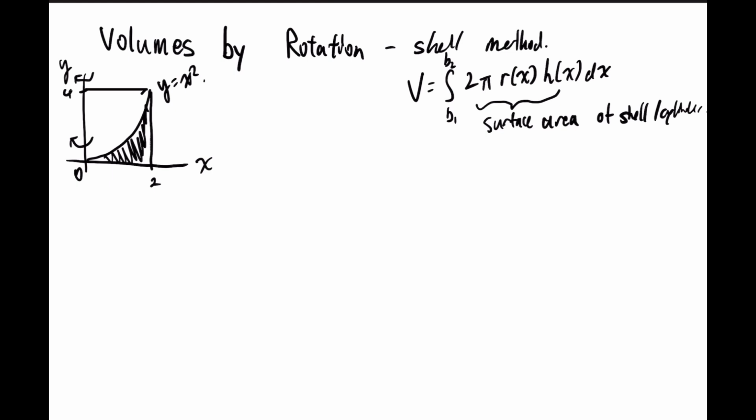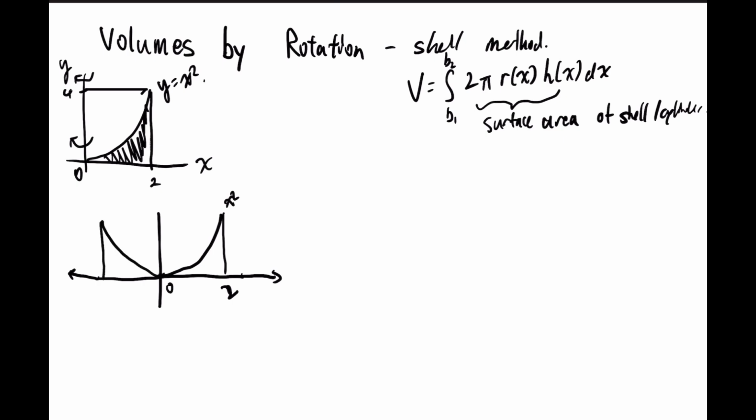So this function was y is equal to x squared. Let's first draw out what the shape will generally look like, right? It always helps to visualize things when you're solving area or volume problems. So we have y is equal to x squared, going from 0 to 2. If we rotate it around the y-axis, the shape will look something like this.